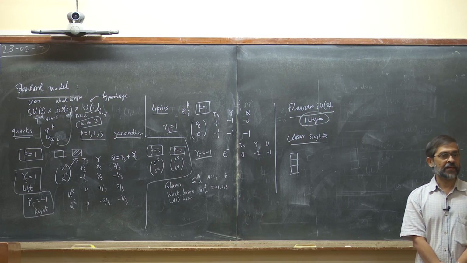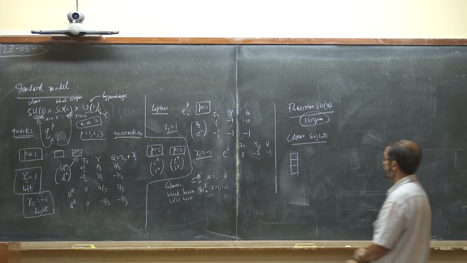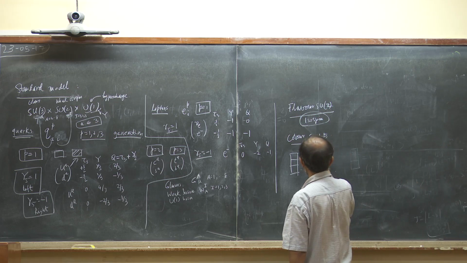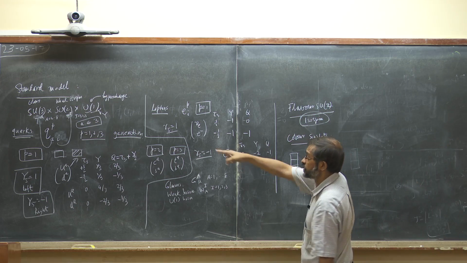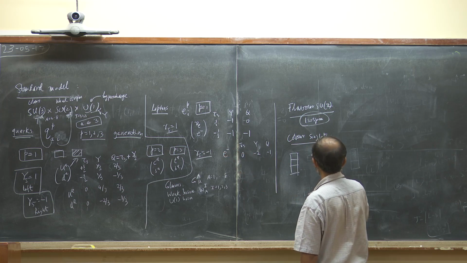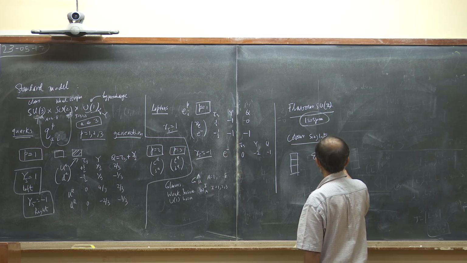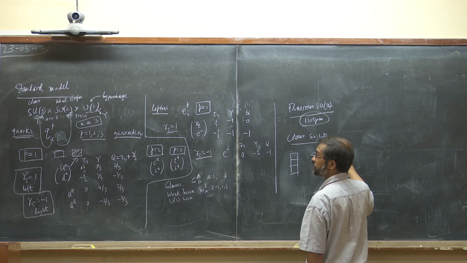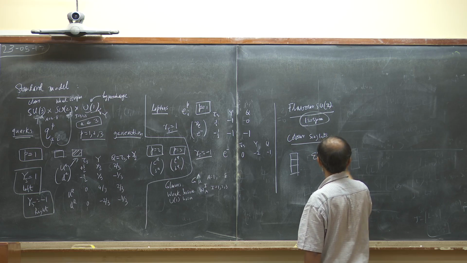Now, in terms of the quantum numbers that we wrote here, you can write epsilon ABC and q, q, q with the flavor indices.